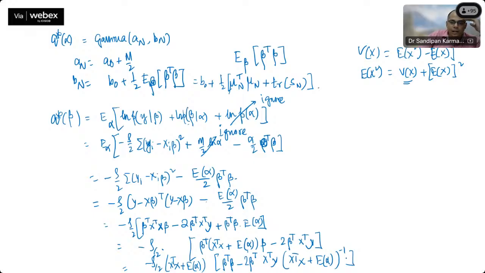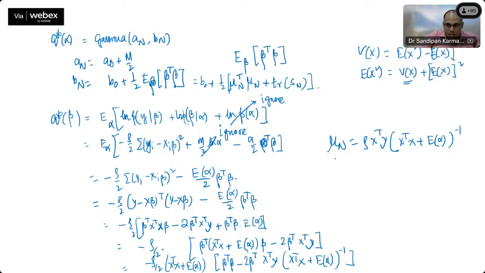So this is the new mean. So mu n will be rho multiplied by X transpose y multiplied by (X transpose X plus E of alpha) inverse.